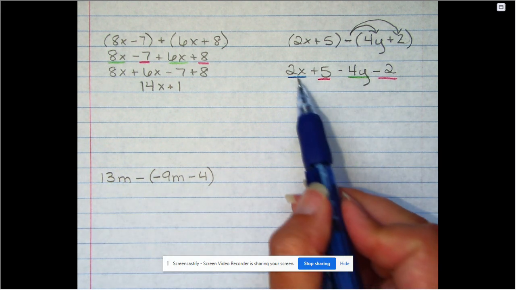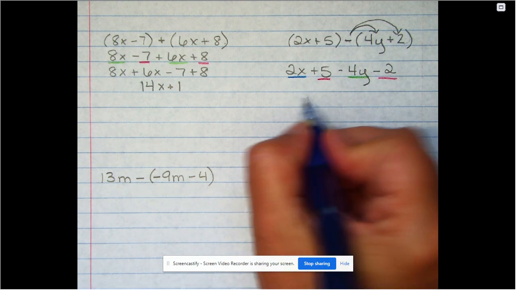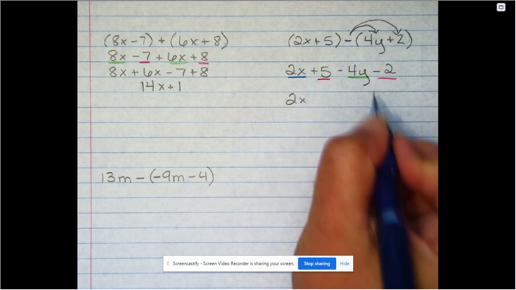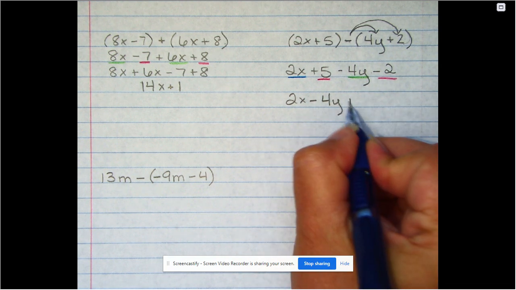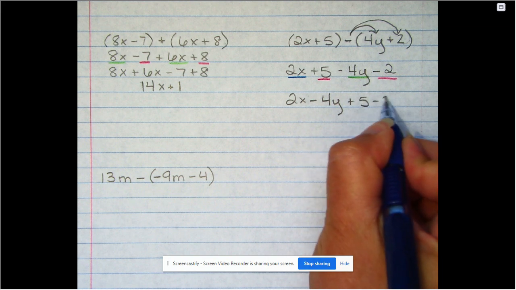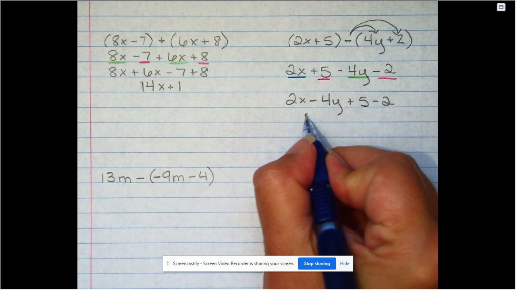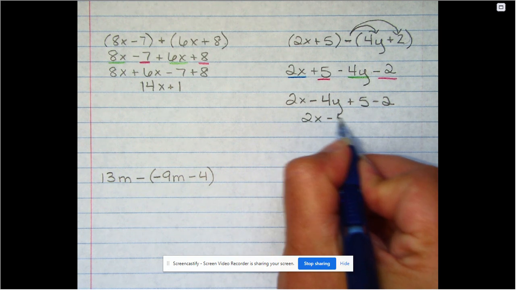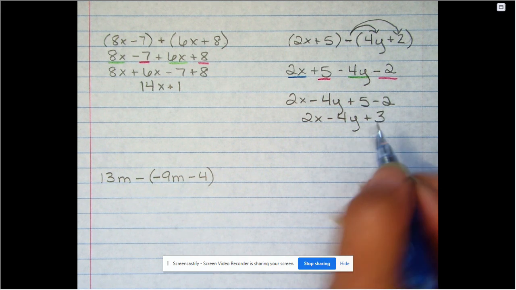In this case, the highest exponent is a 1, and then we just go in alphabetical order. So I'm going to write 2x minus 4y plus 5 minus 2, and I can finish simplifying that. 2x minus 4y plus 3.